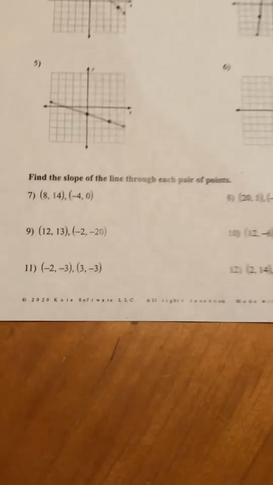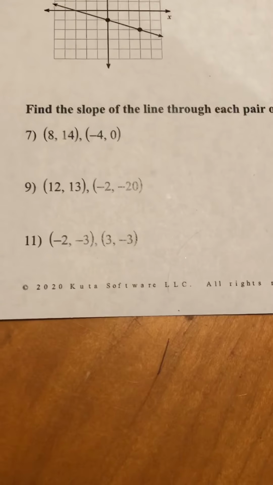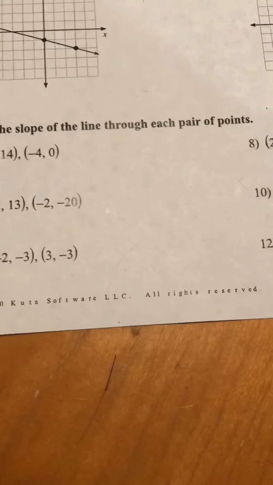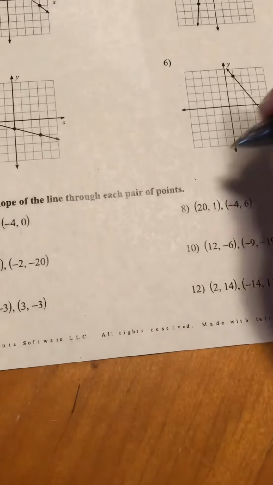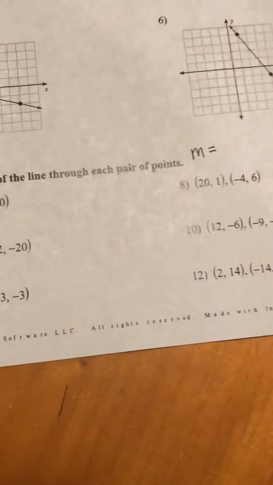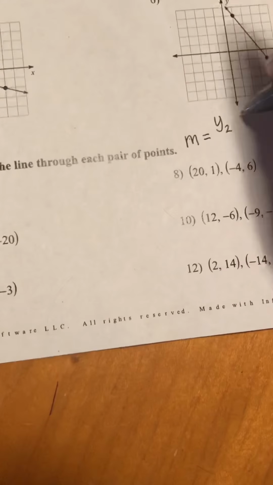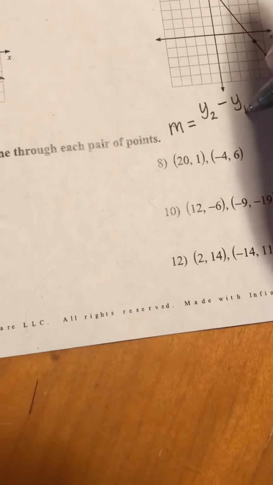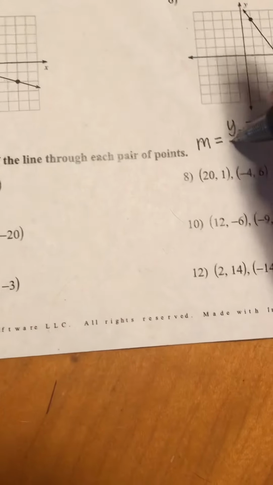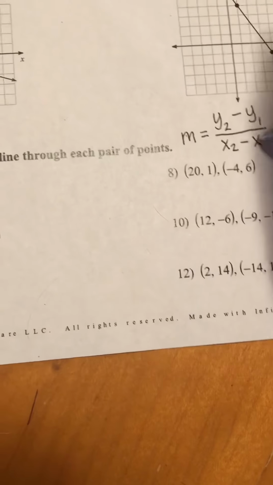So let's talk about these ones down here that didn't give you a graph. Well, since they didn't give you a graph, I'm going to give you an equation. So slope, once again, is m, and that equals y2 subtracted by y1 divided by x2 minus x1.